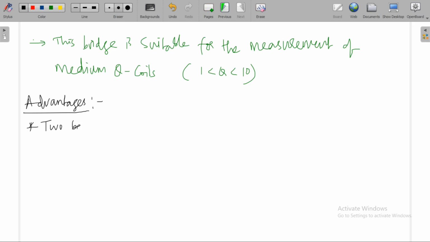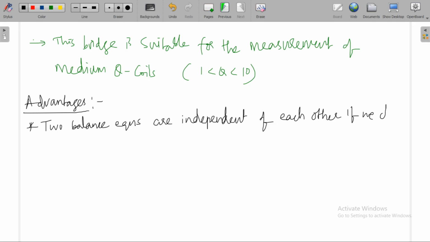Two balance equations are independent of each other if we choose R4 and C4 as variable elements.